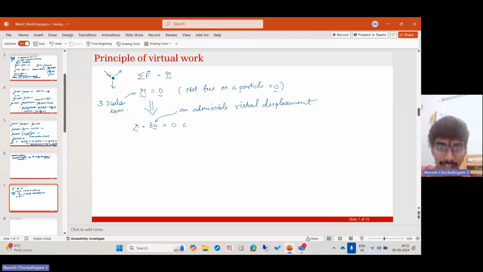So this is a scalar 0. This is a scalar equation. And this holds, R dot del u equal to 0, for all admissible del u, right? For all del u that is admissible.